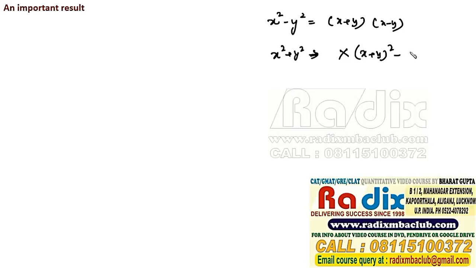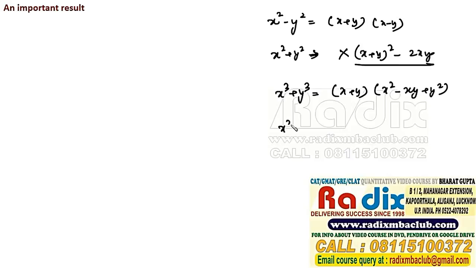If we have x square minus y square, it is x plus y and x minus y. If we have x square plus y square, it doesn't have any formula. Product formula, we have one formula, x plus y whole square minus 2xy, but there is no product formula for this. If we have x cube plus y cube, it is x plus y, one bracket, another x square minus xy plus y square.